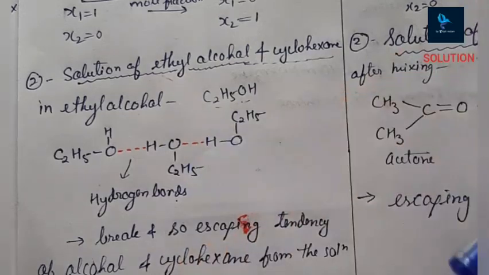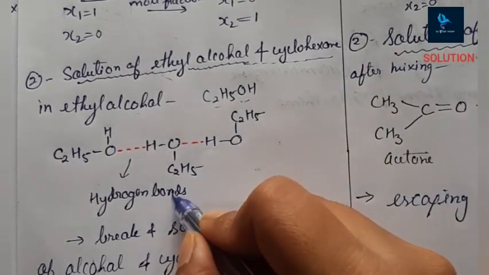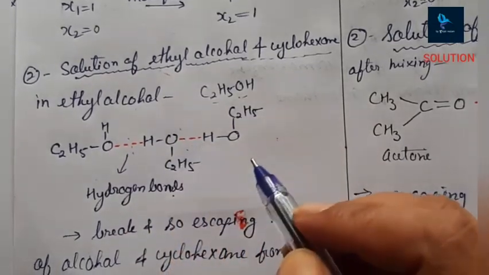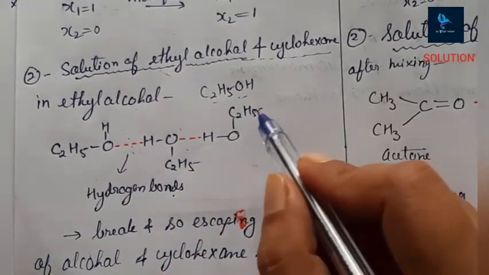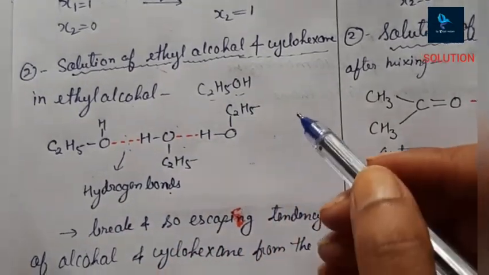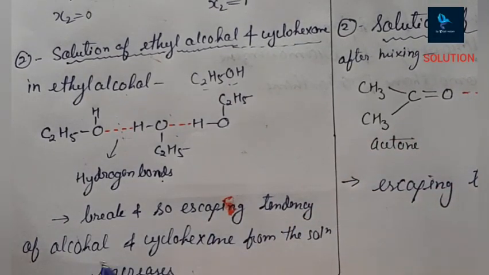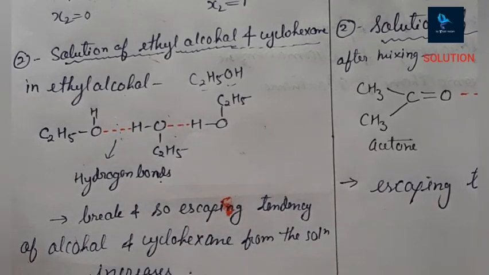You know that the hydrogen bond is a strong bond, so it is not easily broken. That's why the escaping tendency of alcohol and cyclohexane from the solution increases.